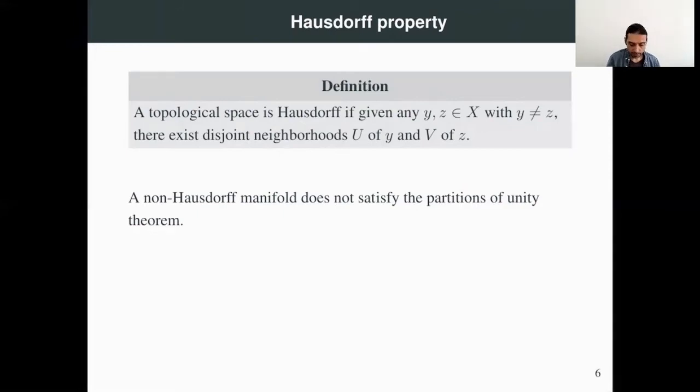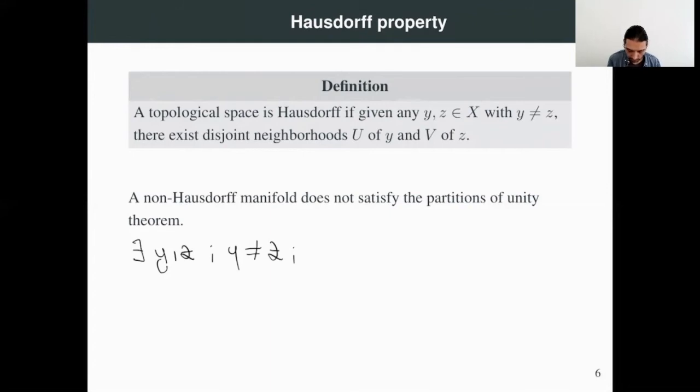And why is that? If the manifold is non-Hausdorff, okay, there exist 2 points, indeed 2 different points, Y and C, such that any neighborhood of Y intersects any neighborhood of C, okay?